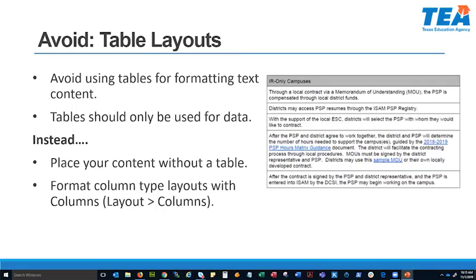Just place it outside within the content. If you need to do anything that relates to different layouts, you can use your columns. That gives you a way to format certain content into columns, and that's accessible. So that might be an option.